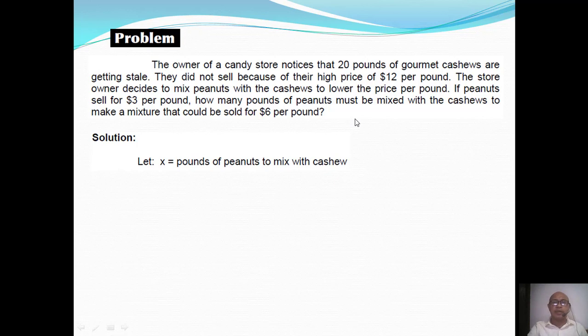So our equation now becomes 3 times x, the amount of the peanuts, plus 20 pounds times the cost of the cashews, which is 12, equal to 6 times the total amount being mixed, which is 20 plus x. Then from this, we can solve for x, and that is equal to 40 pounds.